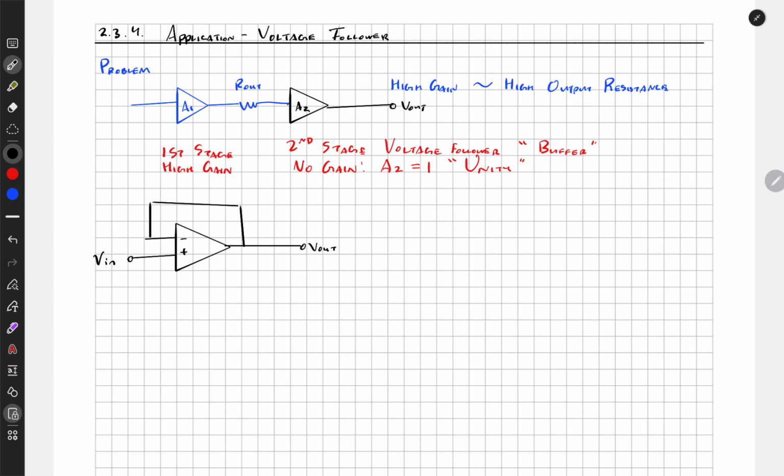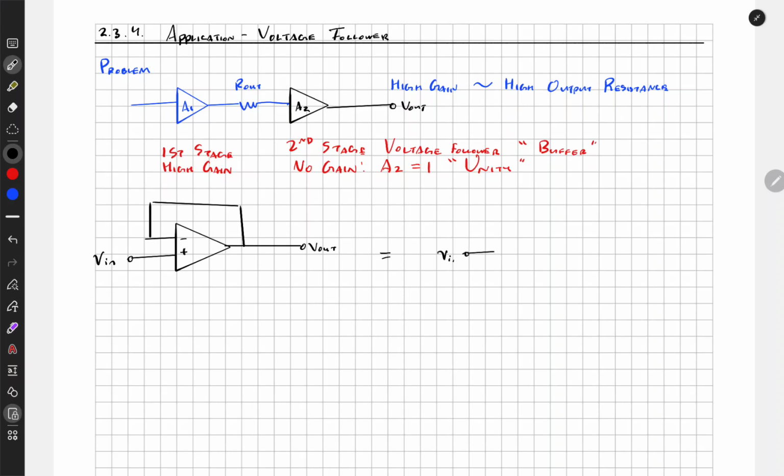So it doesn't provide gain. It just exists for having good output resistance, and also maybe if you have some design requirement for high output voltage swing capability. And the equivalent circuit model looks like this.